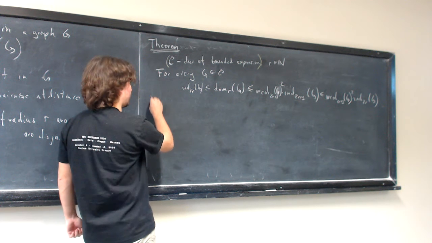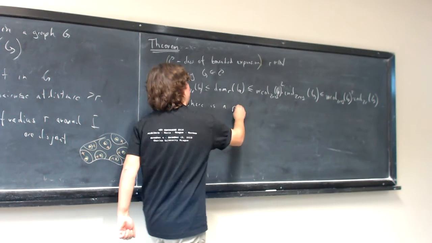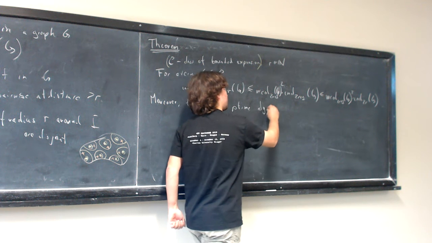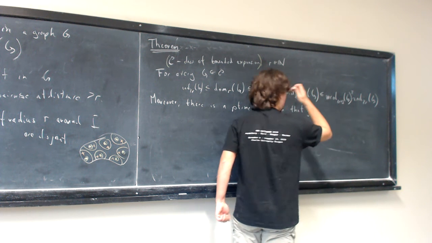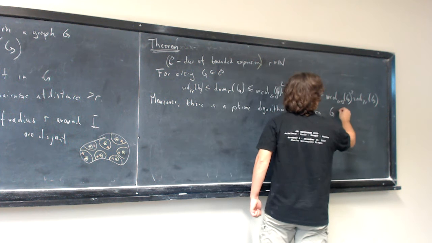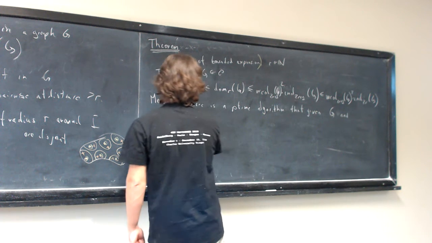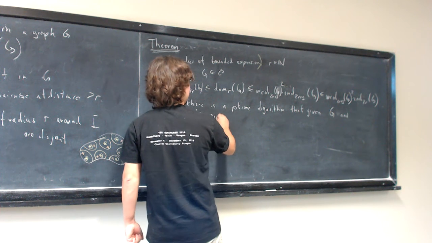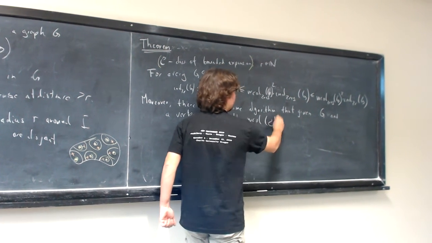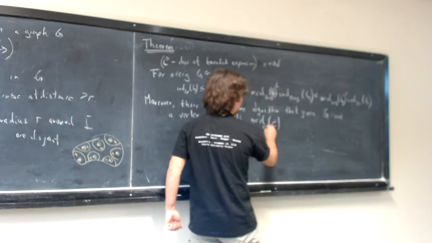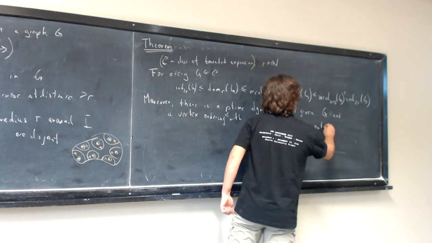moreover, there is a polynomial time algorithm that, given G, maybe just given G, and a vertex ordering, let's call it sigma, with weak coloring number at distance 2R plus 1 bounded by some constant C, computes two things.